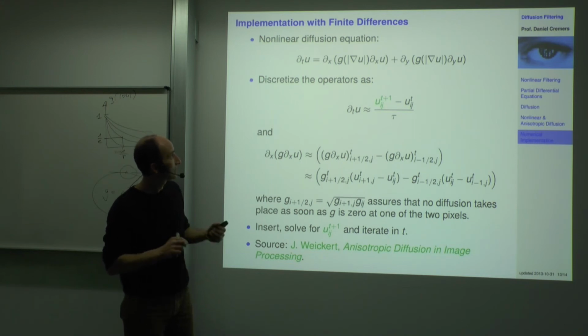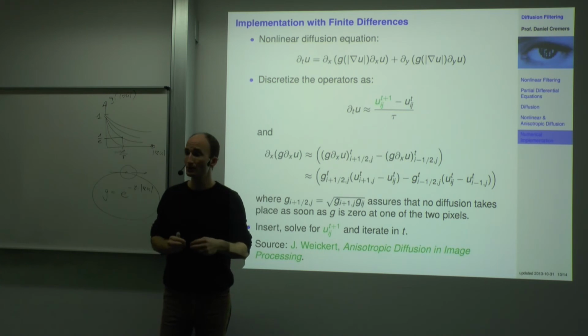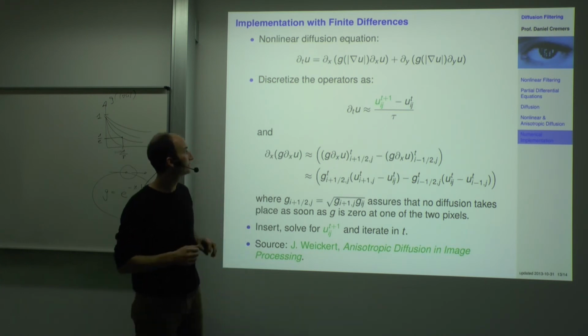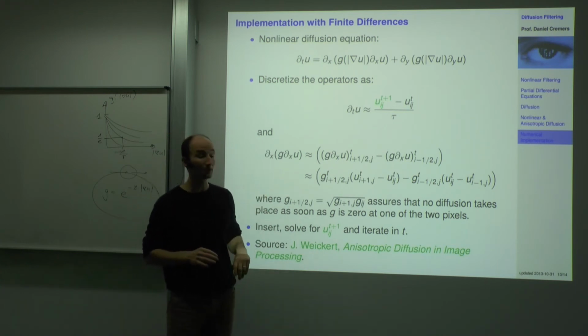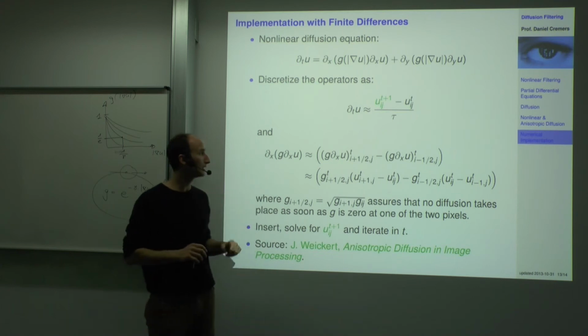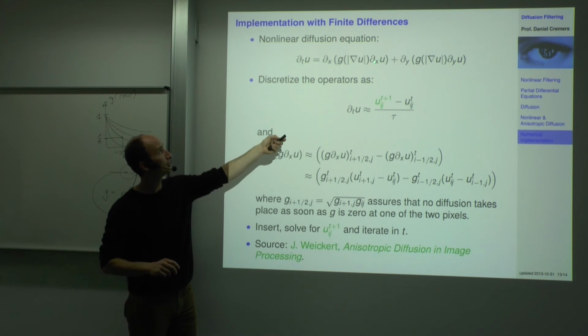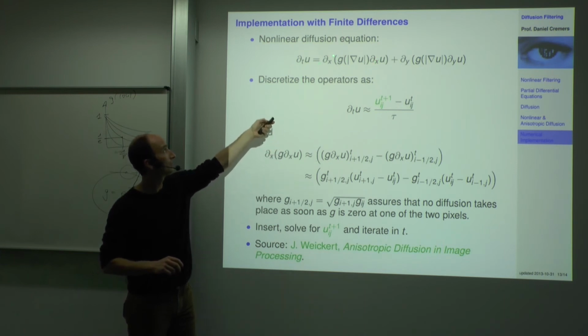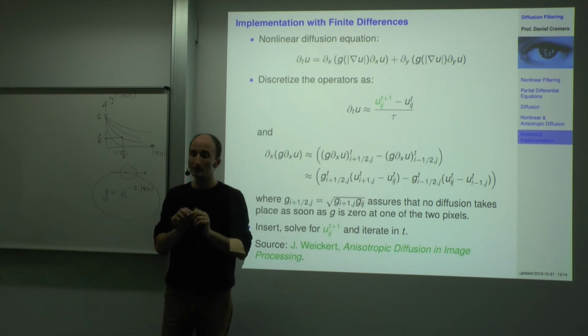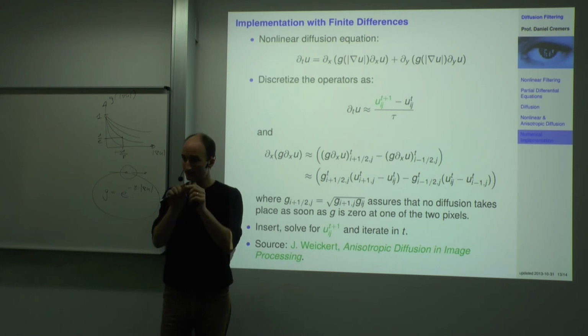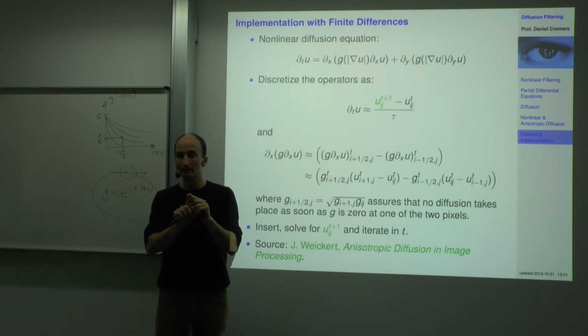As I said, there are standard ways to do the discretization of derivatives. This discretization is not entirely standard, so I decided to show you. The challenge here is that we do two differentiations, one here and one there. If you take symmetric differences with respect to your central pixel, the first derivative would mean you go one step to the right, one step to the left.